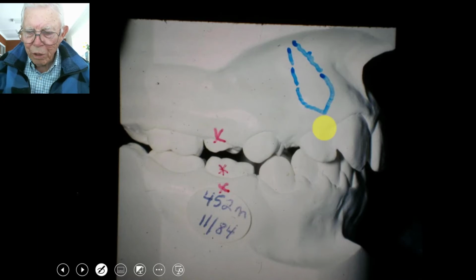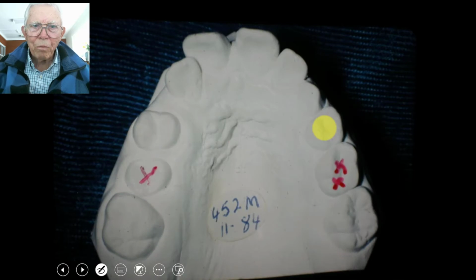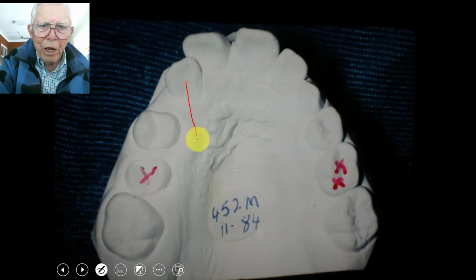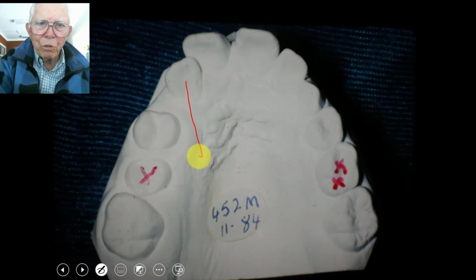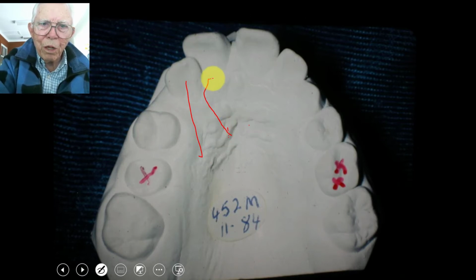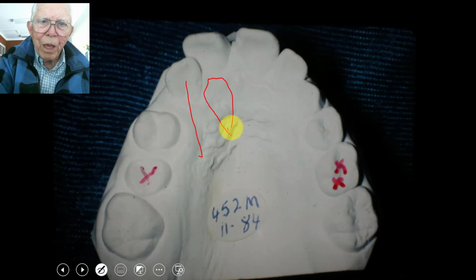That's an interesting point here with changing positions of teeth, and it can be done. Now, you see this lateral is laying like this. The cuspid is right in this area coming down, and that's pushed.